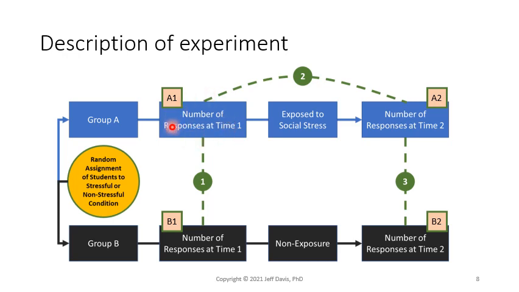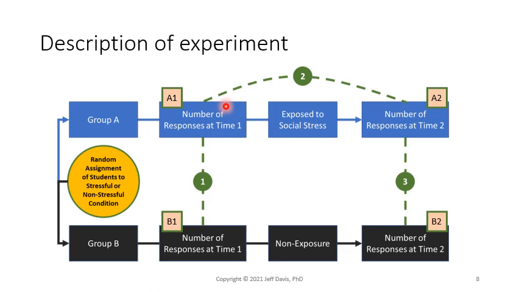So this is going to be our first group right here. Our second group is going to be here. This is group B. Group A has not been exposed to the social stress yet. Group B obviously will not be exposed to the social stress yet. So these two groups are pretty much the same. They haven't been exposed to anything yet, so everybody sort of starts out looking exactly the same.